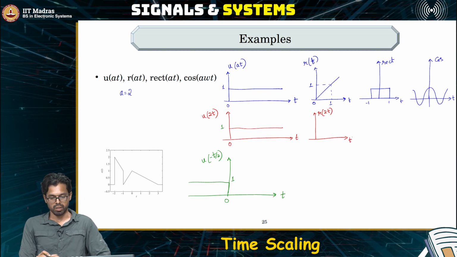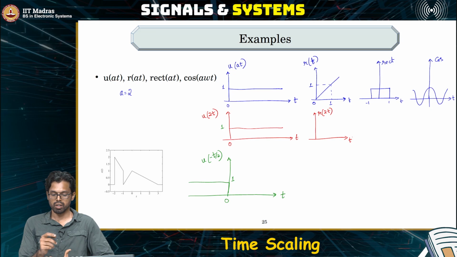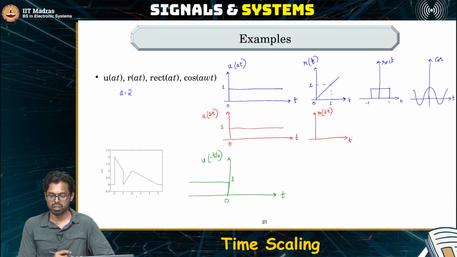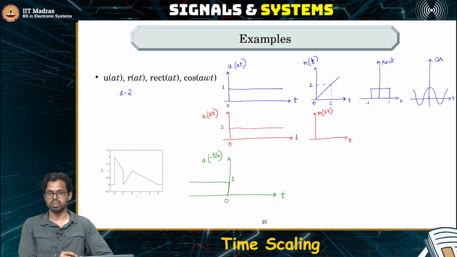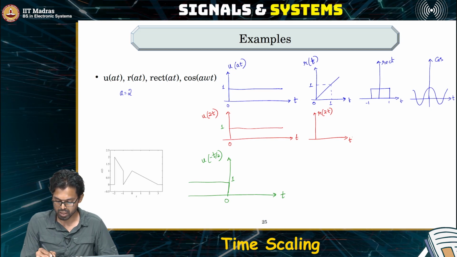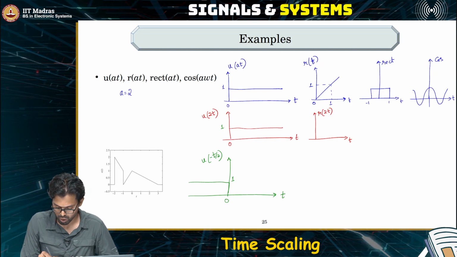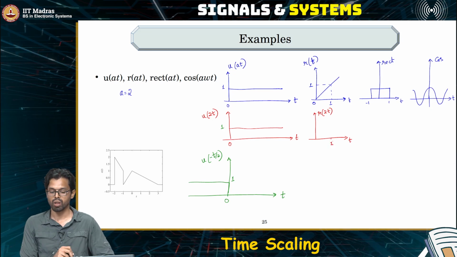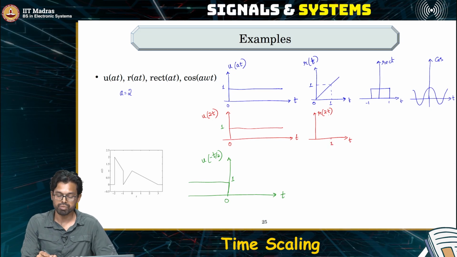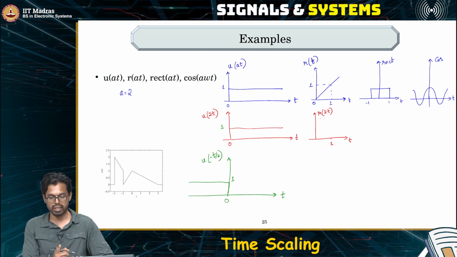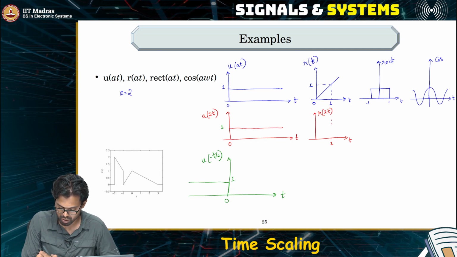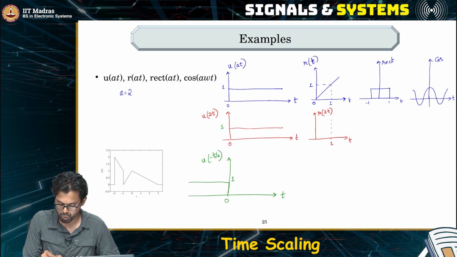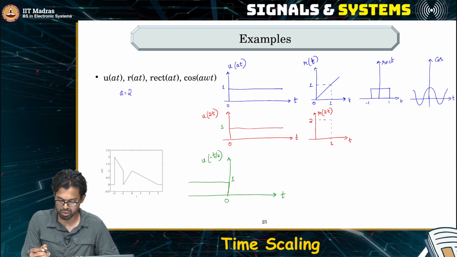What do you think happens here? Again, t here is multiplied with something which is positive and which has a magnitude greater than 1, so it's going to get compressed. When t is equal to 1, you compute r of 2. r of 2 is 2. So at this point we get the function's value to be equal to 2.